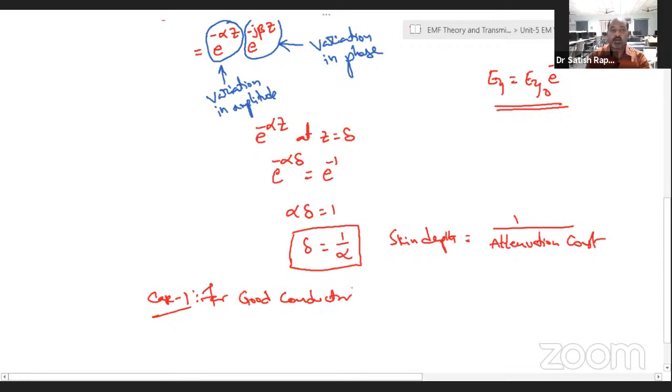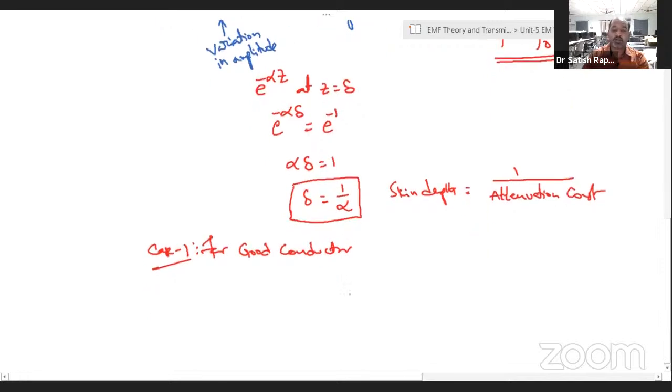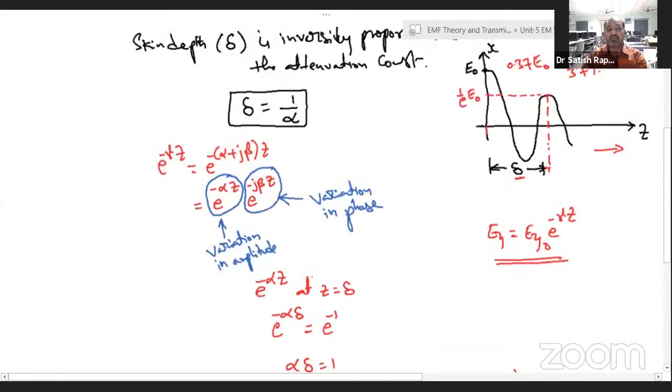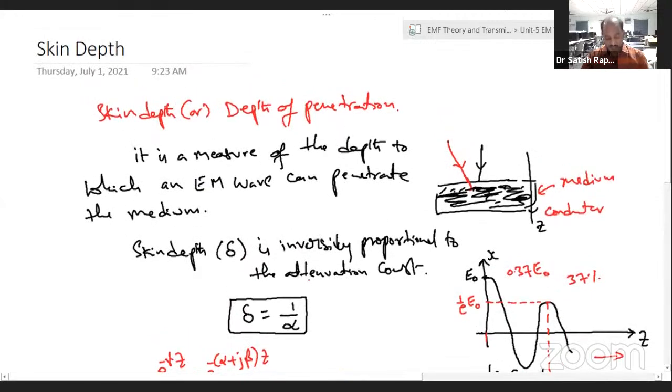If you consider a good conductor, delta is equal to 1 by root pi f mu sigma, because what is alpha for a good conductor?